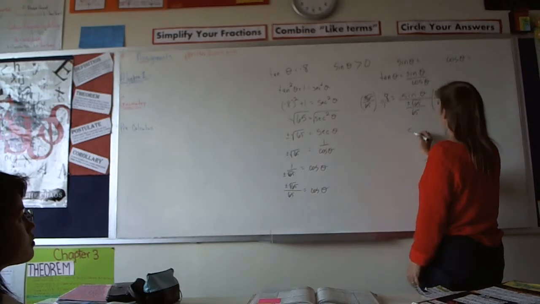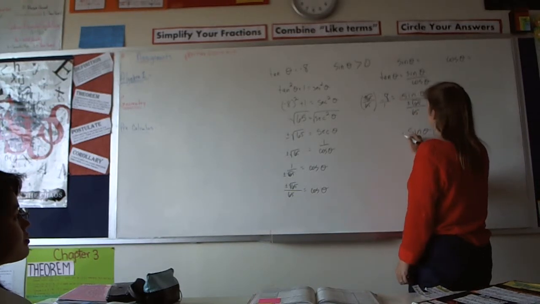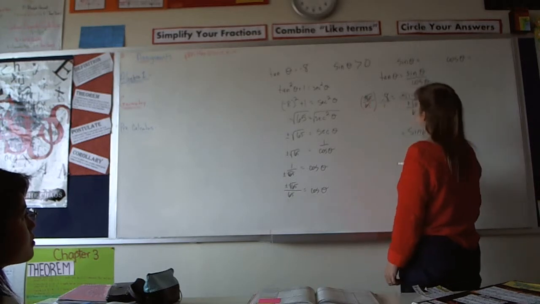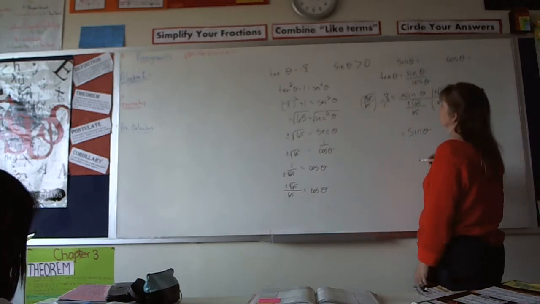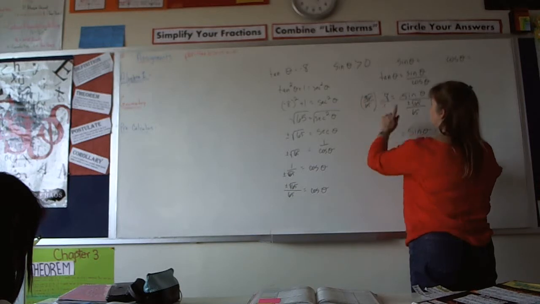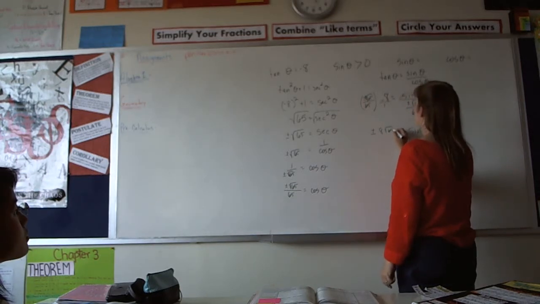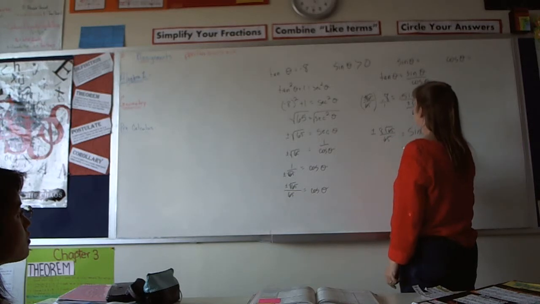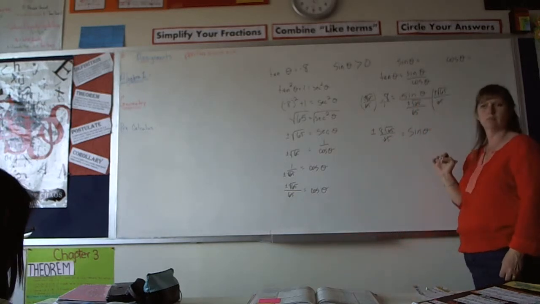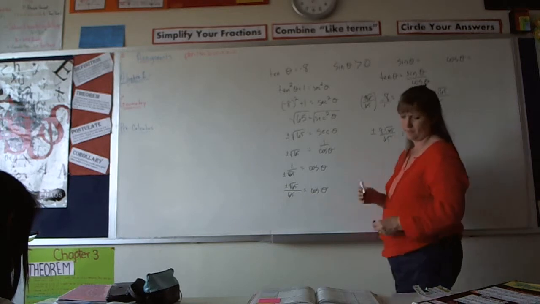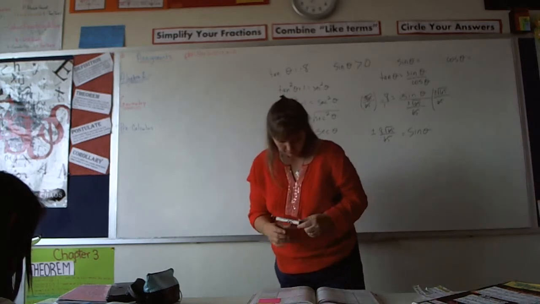So what do you come up with here? On this side, sine of theta. What do you get on this side? Well, you know what the negative gives me? Plus or minus 8 squared is 65 over 65. Yes? Okay.